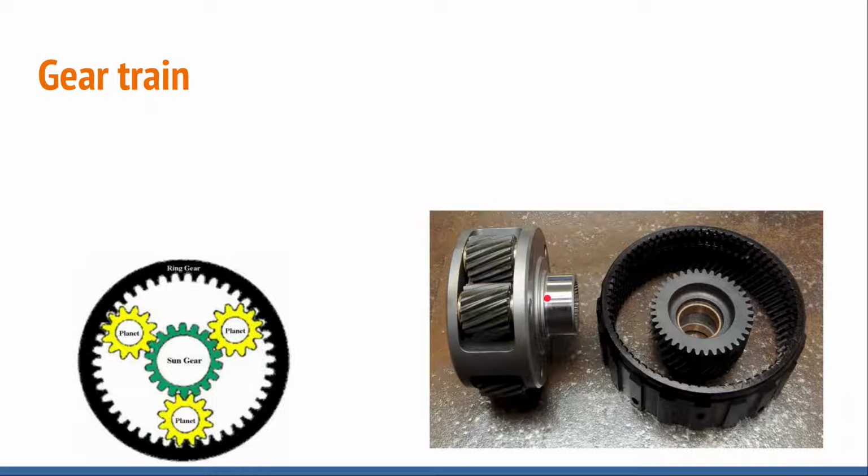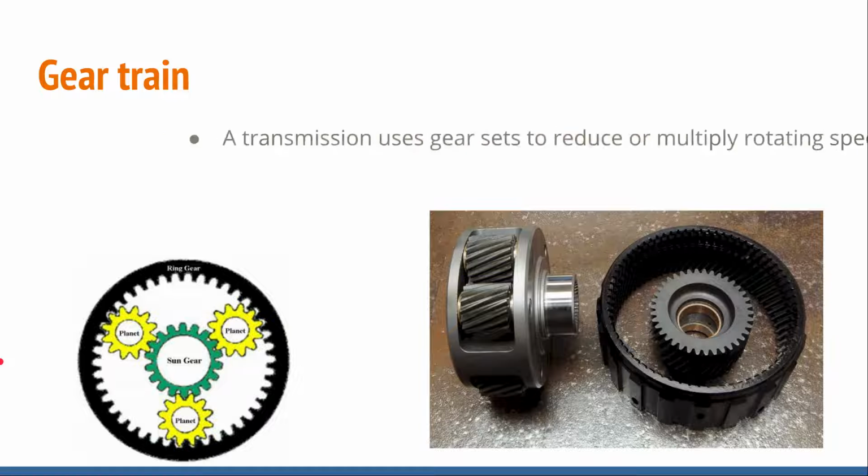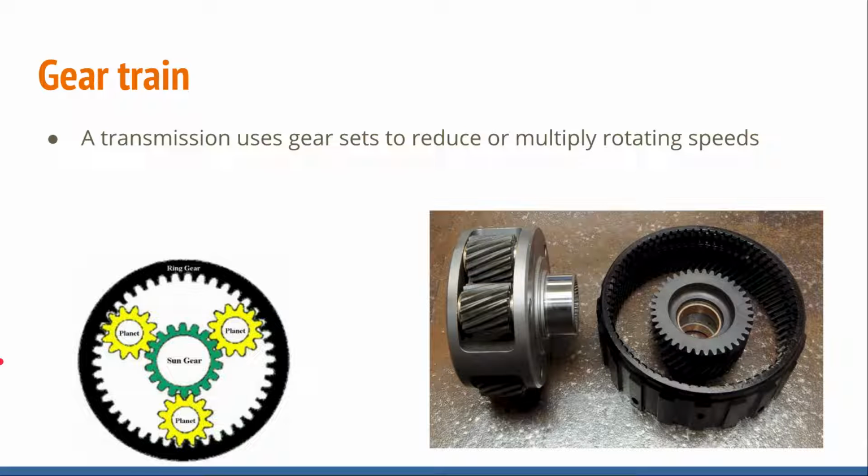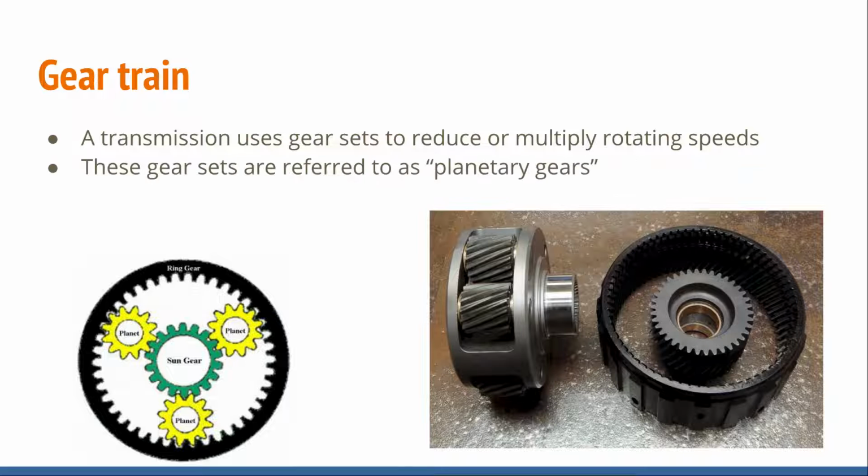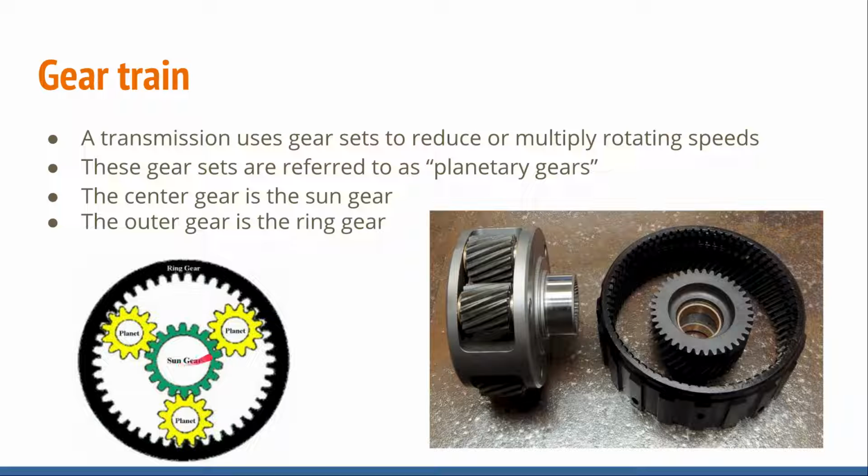Okay, gear train of a transmission. A transmission uses gear sets to reduce or multiply rotating speeds. These gear sets are referred to as planetary gears. That's what they're called. The center gear is called the sun gear. You can see that in this diagram right here. And the outer gear is called the ring gear. And these little gears are referred to as planets.